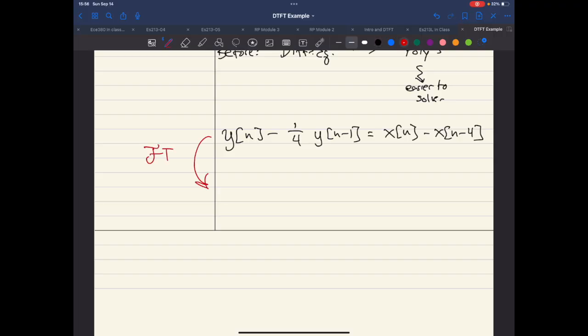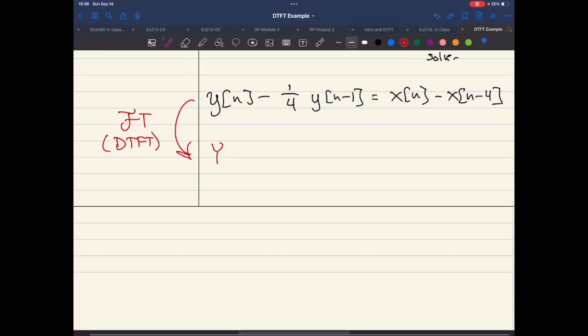So we use a Fourier transform, in particular the DTFT. We end up with, well, y[n] doesn't go anywhere. That's just, by definition, if we take the DTFT of that, it's just Y(e^{jω}). But when we do this little shift here, this delay, that actually has an identity for us in our table of identities.